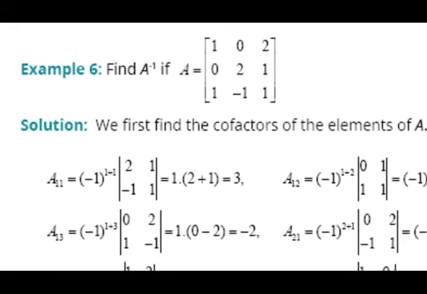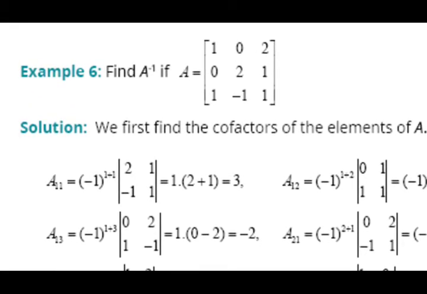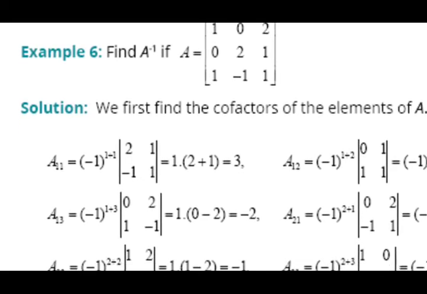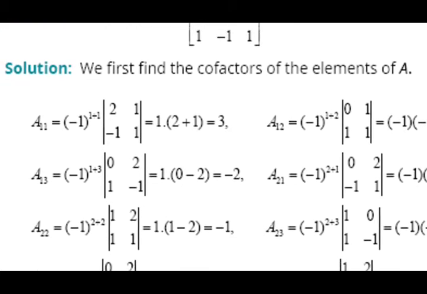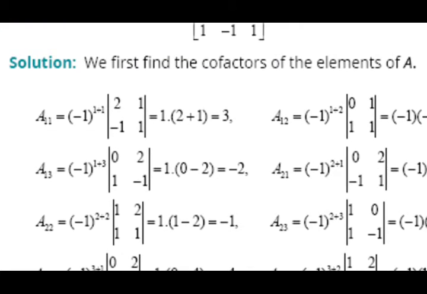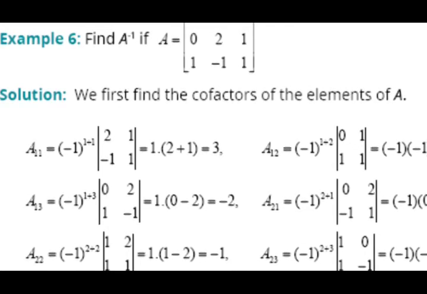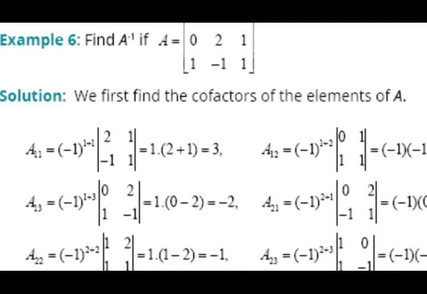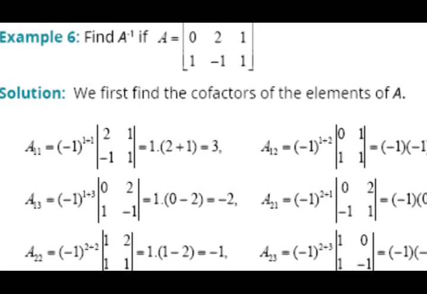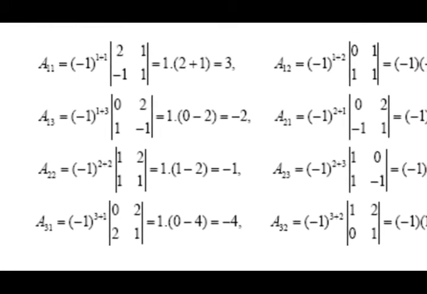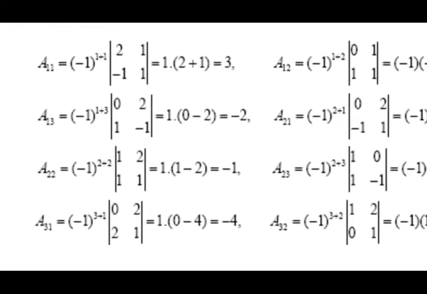We eliminate the first row, first column, take minus 1 raised to the power 1 plus 1, and find the determinant. And next A21: we eliminate the second row, first column, take minus 1 raised to the power 2 plus 1, and find its determinant. Now all the cofactors, how many? 9. Find all these cofactors.